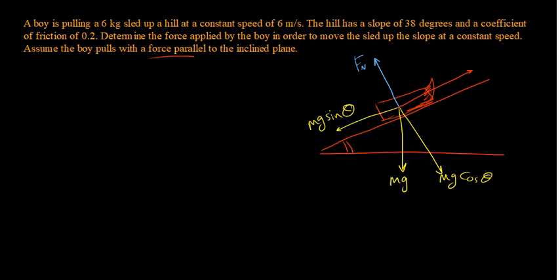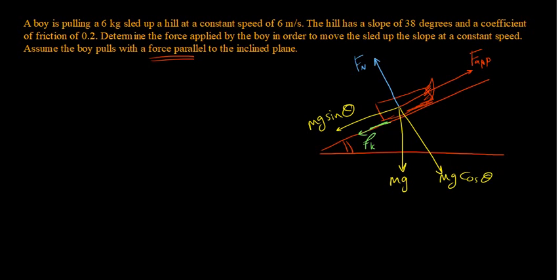It's the applied force, parallel to the incline, so I'll call this the applied force, which means the friction will be opposite to our motion as the kinetic friction force. Okay, these are all the forces acting on this sled. So this is our free body diagram.